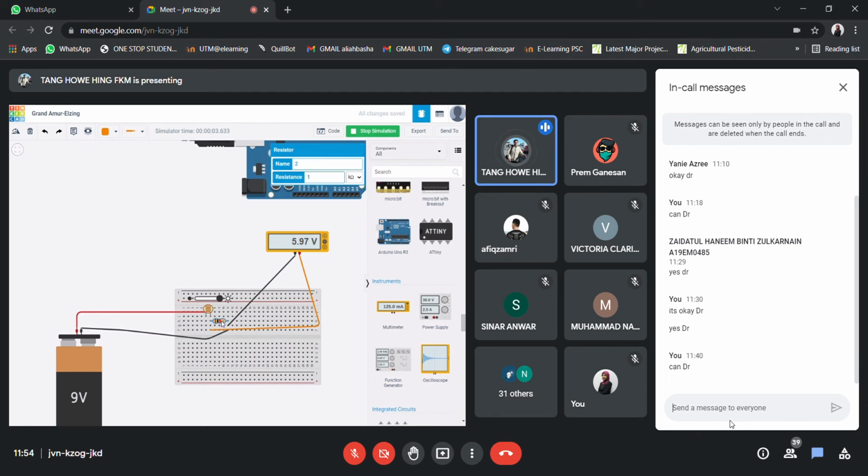Okay, but of course, if I change this resistance, maybe I increase the resistance to 100 kilo ohm, we are going to get a different voltage. Okay. All right. So it seems like it's much better to use a 1 kilo ohm.